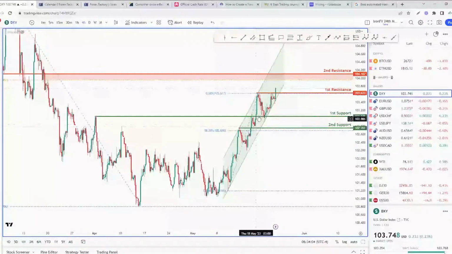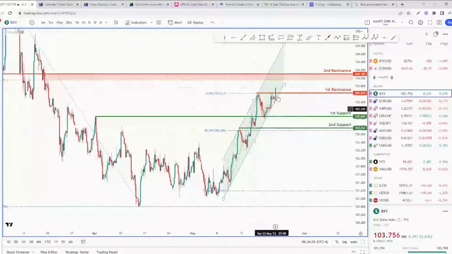It retraced down before finally breaking through the level at 103. Then it made a new high at 103.60 before retracing back to this support level as well. So you can see very clearly in this overlap line that what used to act as a resistance in the past has now acted as a very significant support.